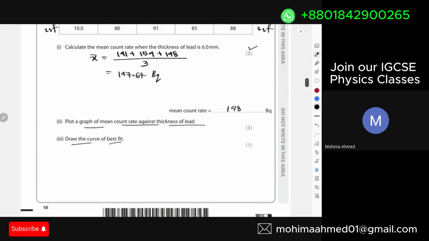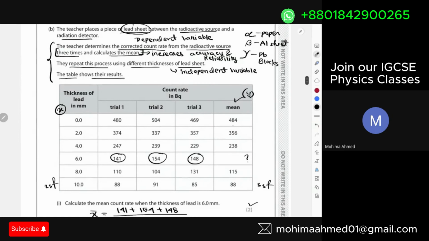And the next data is the mean value on the y-axis, which is 484. These are quite big values, if you can understand. Over here also I got 148. A very big value means how will I possibly fit 400, 100 on that small y-axis? That means this time I'm not supposed to start the y-axis with 0.